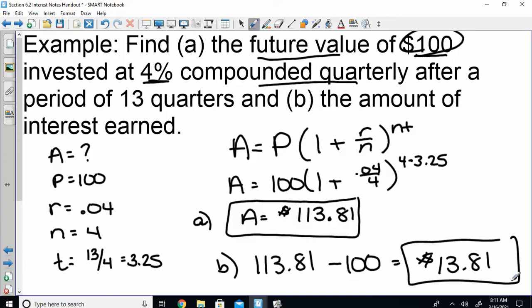Any questions there? This is all we're doing today, so we're just going to keep practicing using these formulas.